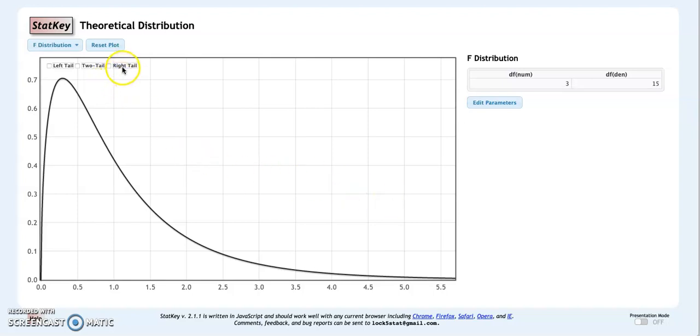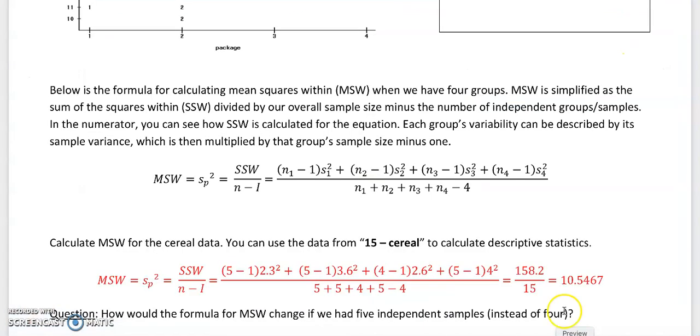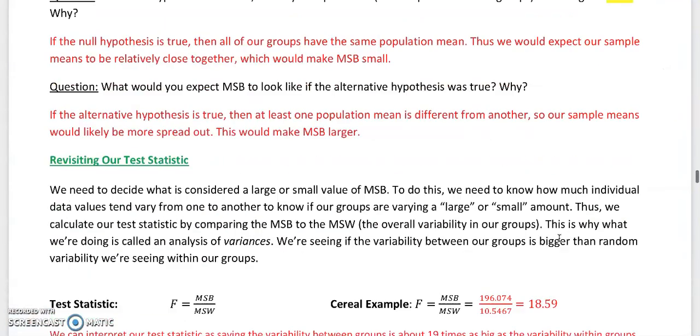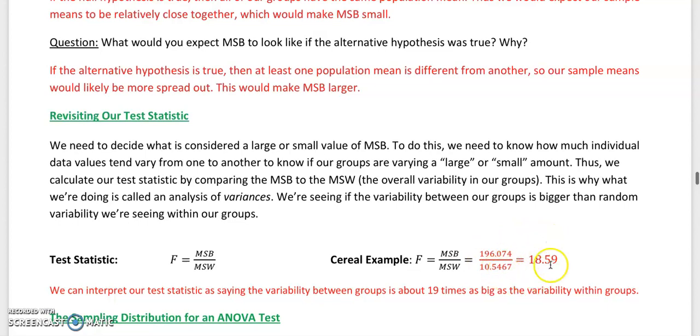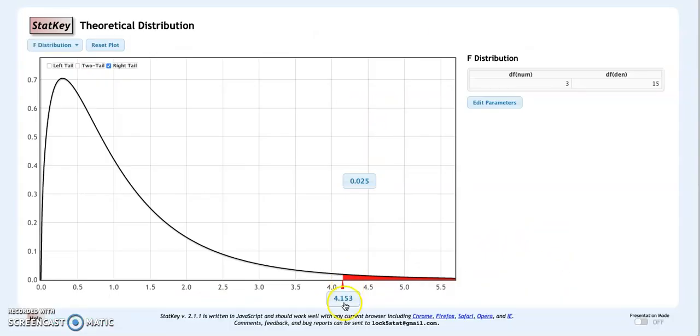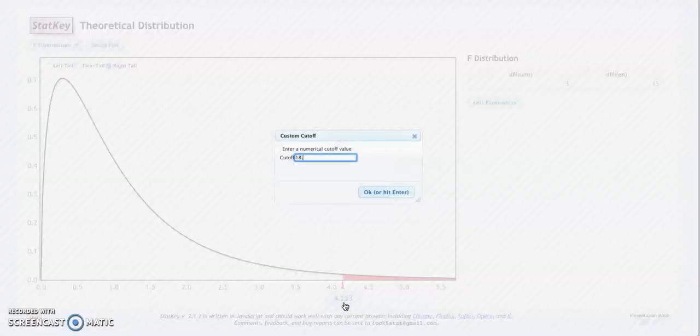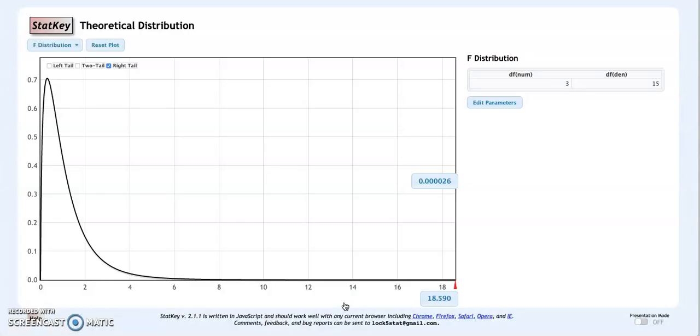I know that I'm always going to choose right tail. And then I need to remind myself what my test statistic was. So right here, we calculated our test statistic to be 18.59. So I'll change this number to 18.59. And this should look sort of like what we saw on the second page of the notes when you did this randomization activity before we even knew what the F distribution was or what an ANOVA test was.